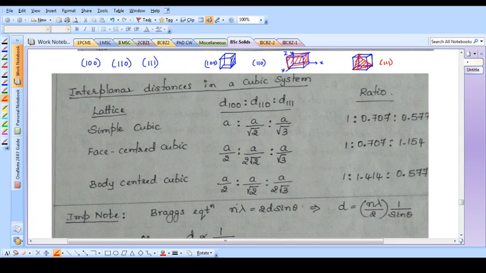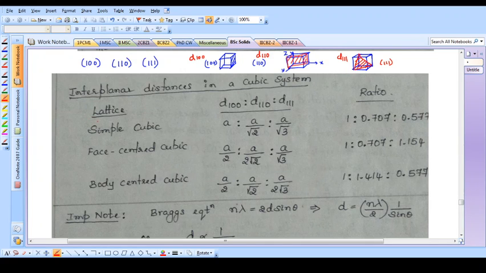So what we are discussing now is the distance between two 100 planes. Similarly, what is the distance between successive 110 planes and between successive 111 planes in a cubic system? Again, we are directly discussing the result without going into derivations.